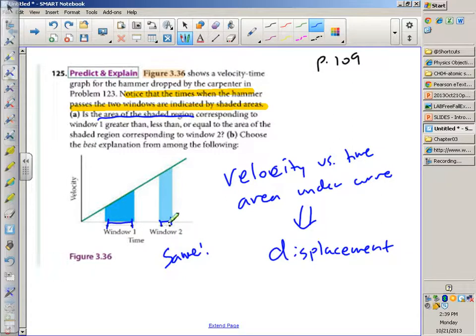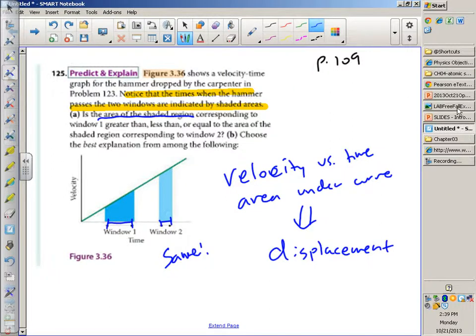So even though it takes a shorter time, right, it's going faster. Even though this shape is wide but not very tall, and this shape is narrow but much taller, if we looked at the area of those blue shades, they should be the same. Okay? Good there?